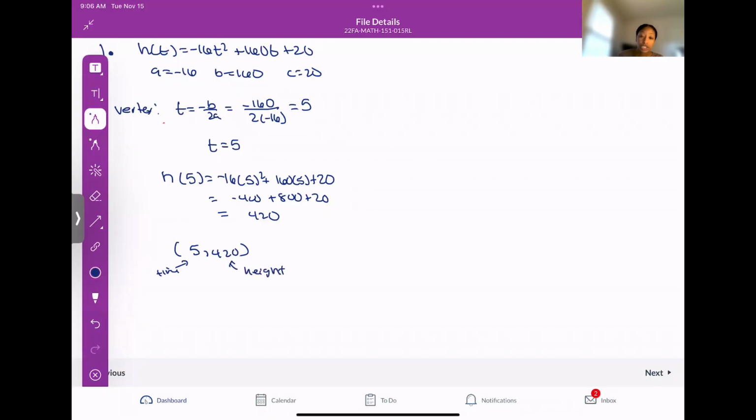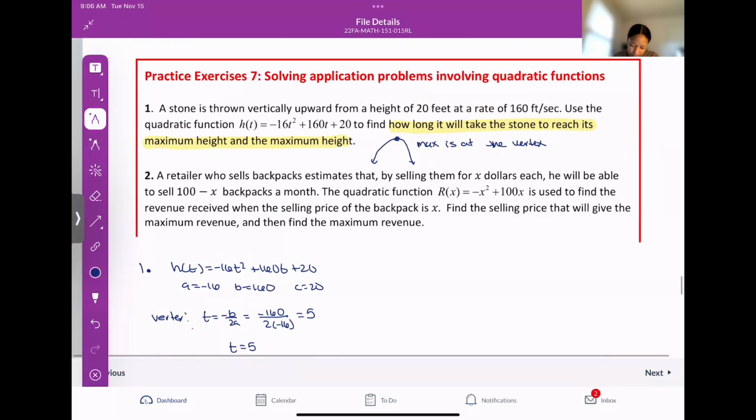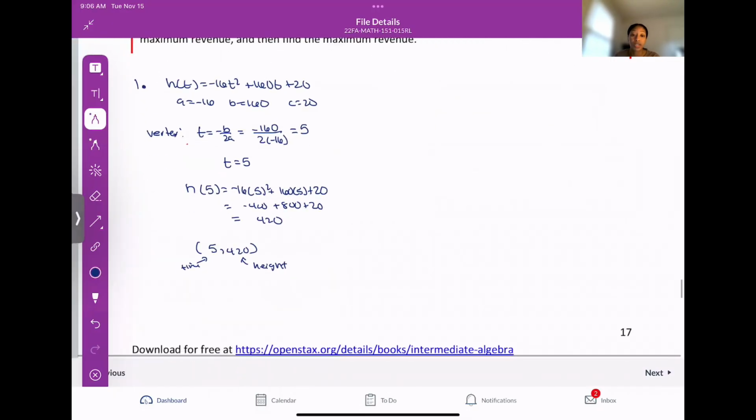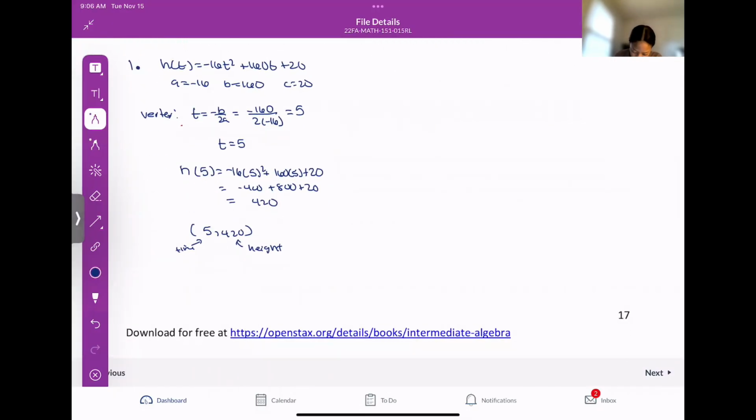So to answer our question, we would say after 5 seconds, the stone reaches a maximum height of 420 feet. Be sure to include units.